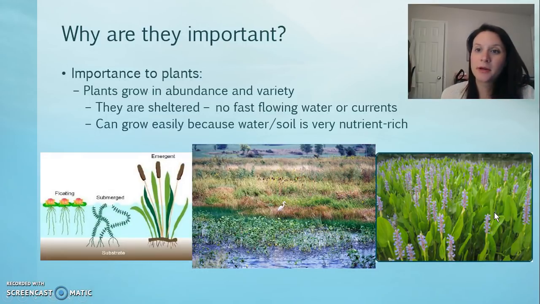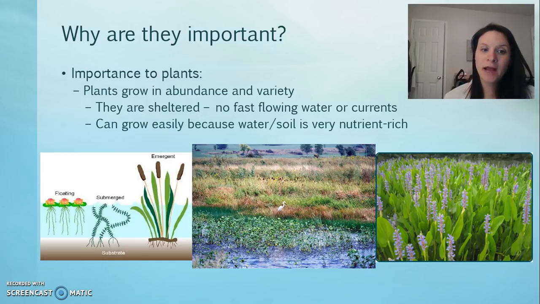So why are they important? Well, they're important to plants because there's so much nutrients in a wetland for the plants to really thrive. So one characteristic of a wetland is always just the variety and the abundance of plants.